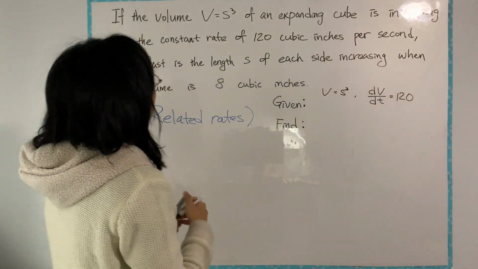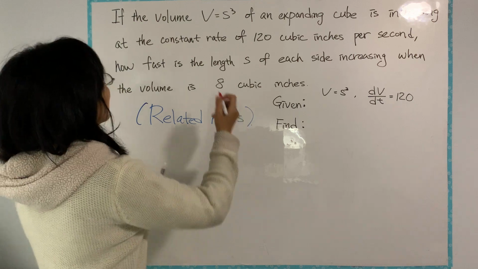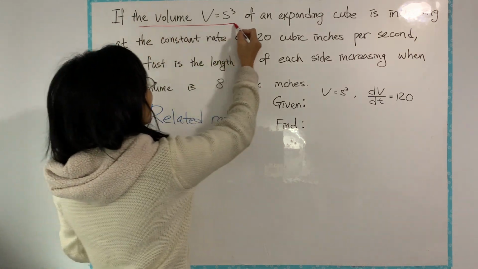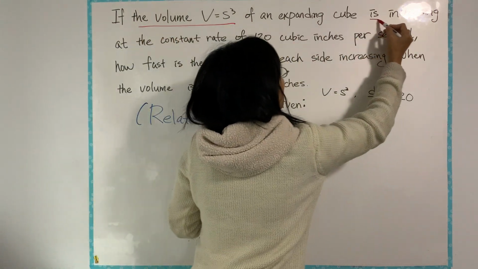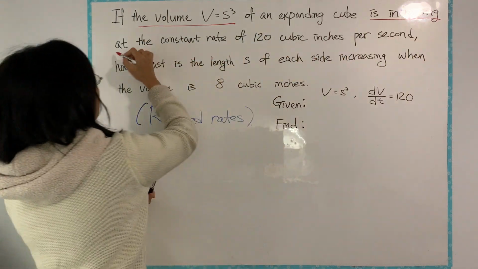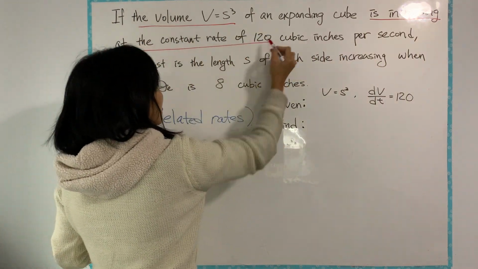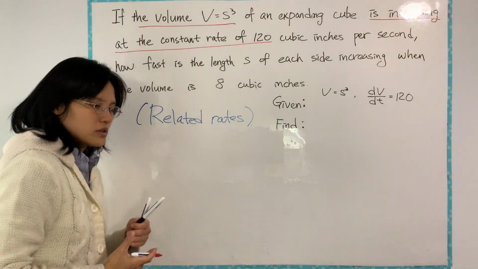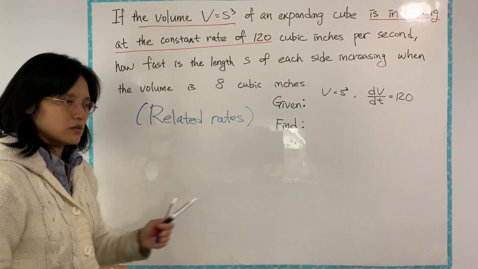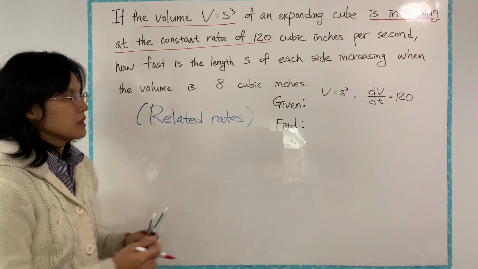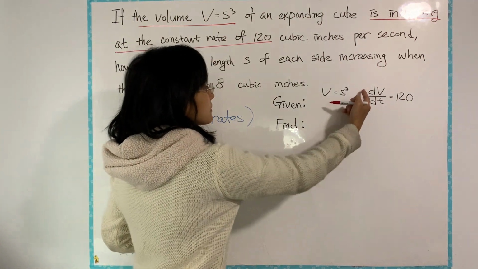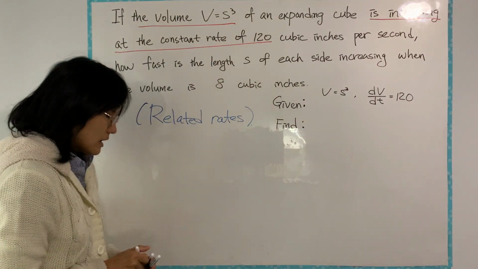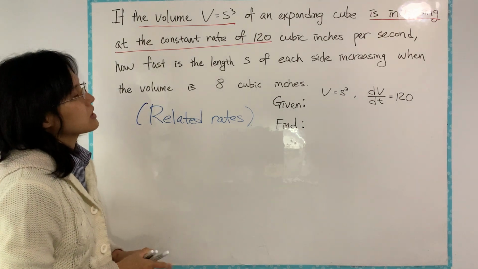How do you know that? It tells you that this volume is increasing at the rate of 120. When we talk about the rate or rate of change, it means derivative.